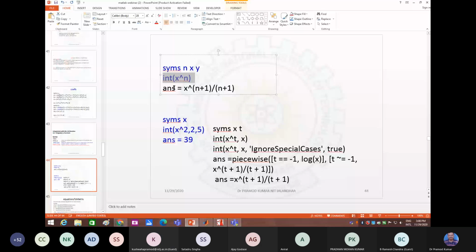Now integrate x square, put the limit from 2 to 5. Integrate x square and put the limit 2 to 5.